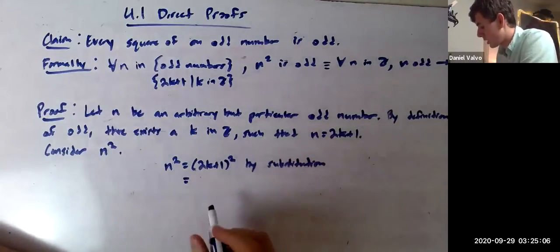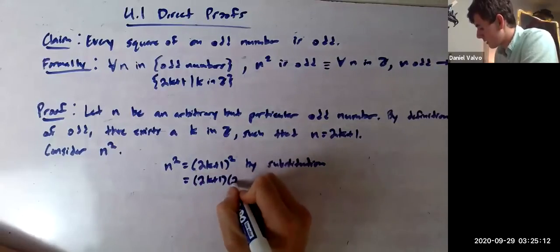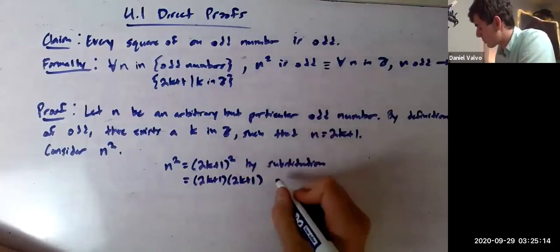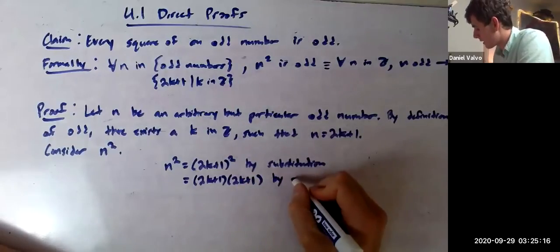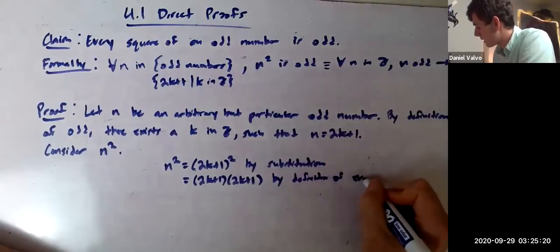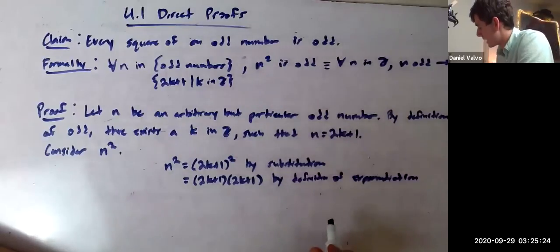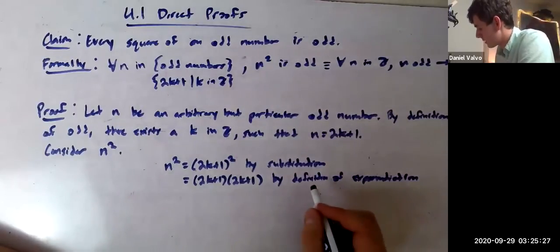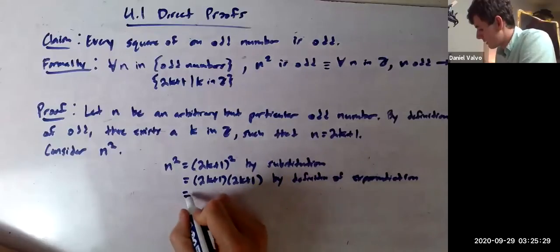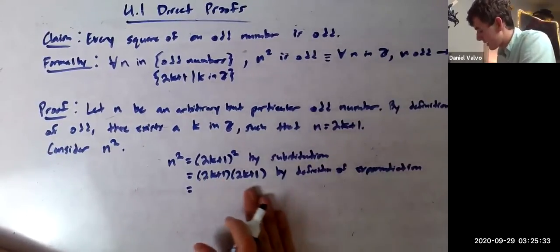And then (2k plus 1) squared equals (2k plus 1)(2k plus 1) by definition of exponentiation. And then what can we do with this?